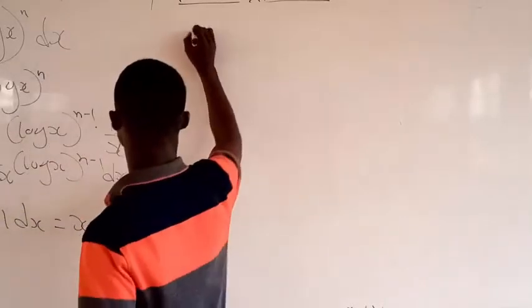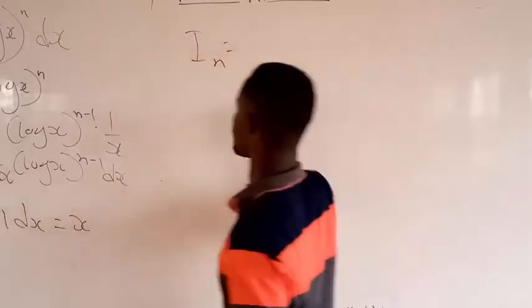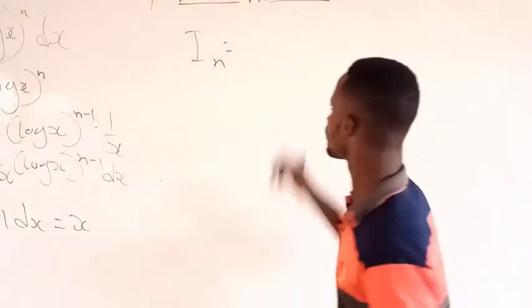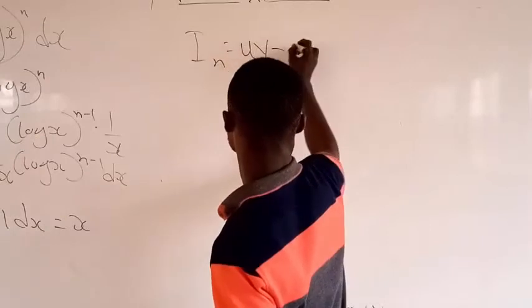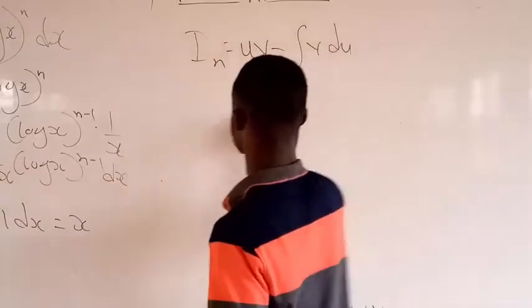So what is going to be I_n? That is uv minus the integral of v du.